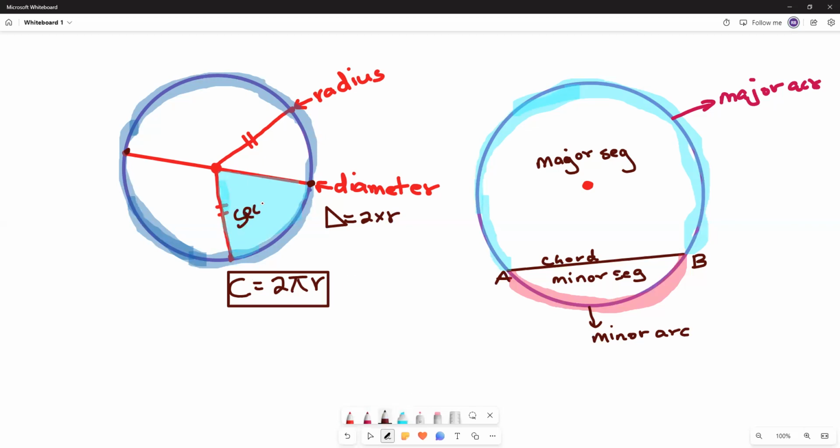A sector is the area, or the region, between the two radiuses of the same circle. We call that a sector. Perfect. And then we have a segment. I already discussed the segment. The segment is this bigger area here. This is the major segment. That is the smaller segment, right?